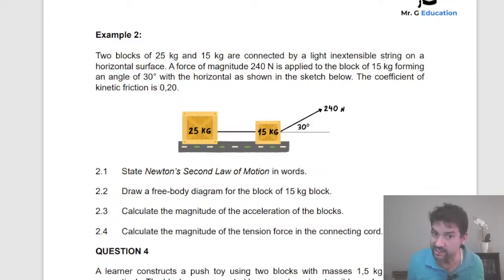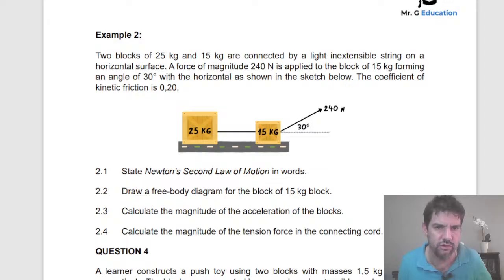In previous years, for example last year, if you missed the first part, you still got 2 marks. As from this year, if you don't say everything, you do not get full marks. You will only get 1 mark. So you have to say both parts: the net force produces an acceleration in the same direction as the net force, and the acceleration is directly proportional to the net force, and inversely proportional to the mass of the object. So that is question 2.1.